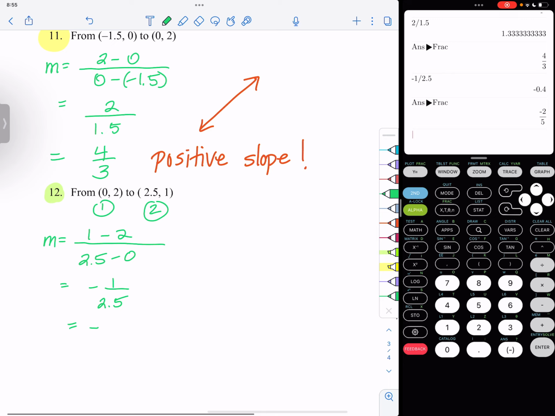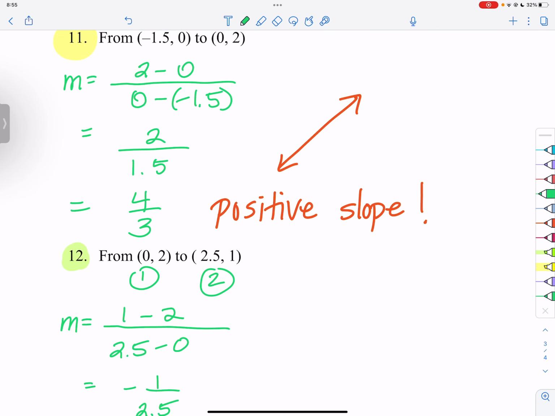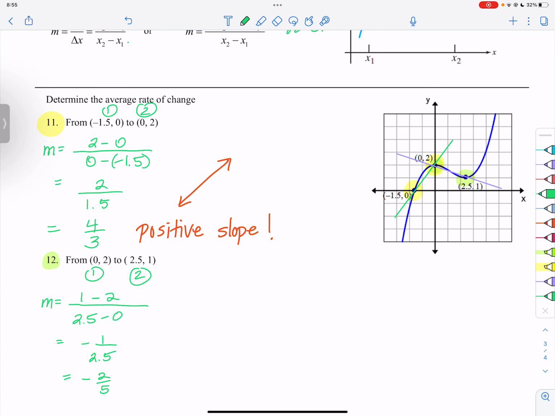And that is a negative 2/5. So now what do you notice here with our purple line? You notice that we have negative slope. So that makes it very nice.